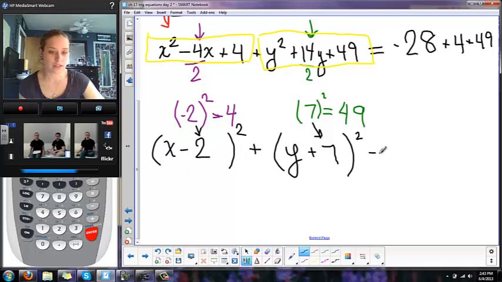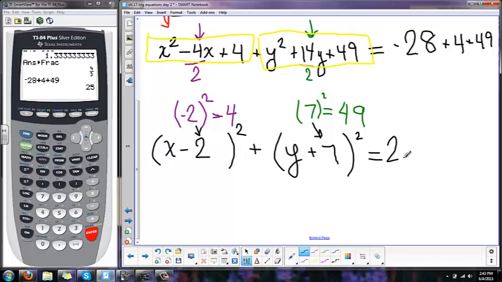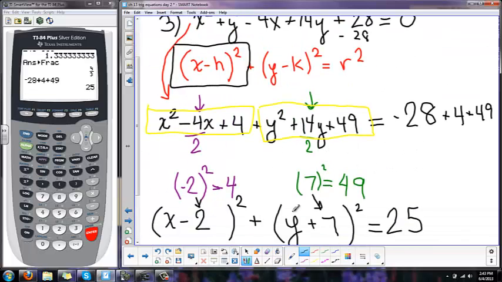Okay? Is equal to, now I need to know what all those constants are equal to, so negative 28 plus 4 plus another 49, that is equal to 25. So now that equation right here looks a lot like this.